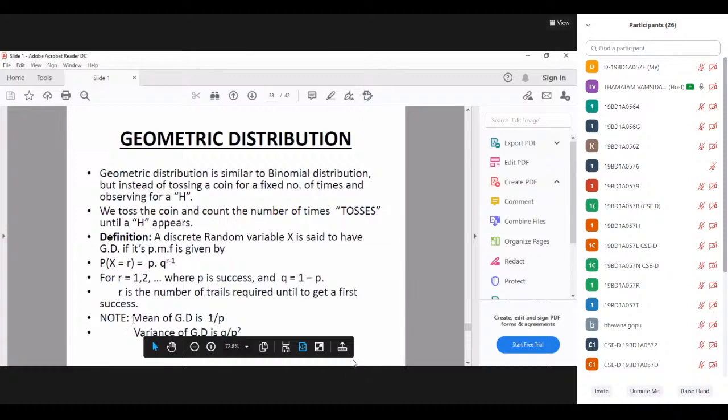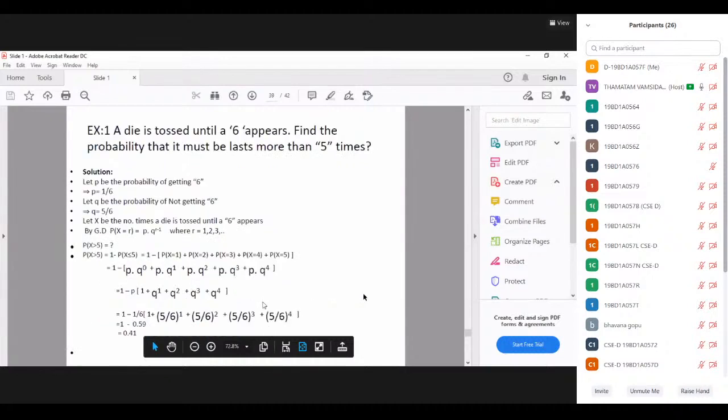And the mean of geometric distribution is 1 by p. Variance of geometric distribution is q by p square.